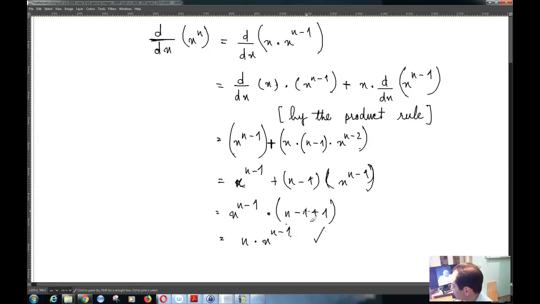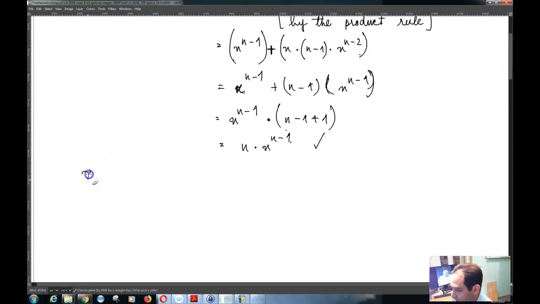It says that n can be any real number, because previously we said that n can be only a natural number.